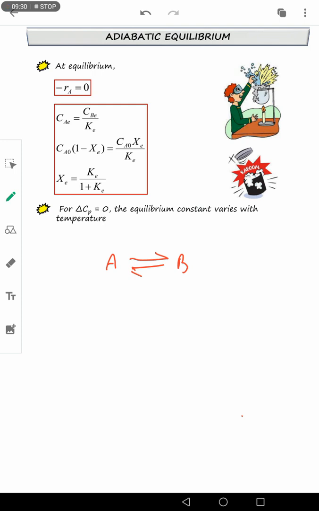Kalau reversible, you perlukan this kind of information untuk cari nilai X-nya. Okay, dan diberi contoh delta Cp equals to 0. So next video saya akan bagi contoh macam mana nak gunakan this kind of situation of adiabatic jika ia bukan reversible, dan juga adiabatic jika ia adalah equation yang reversible. Alright, thank you.